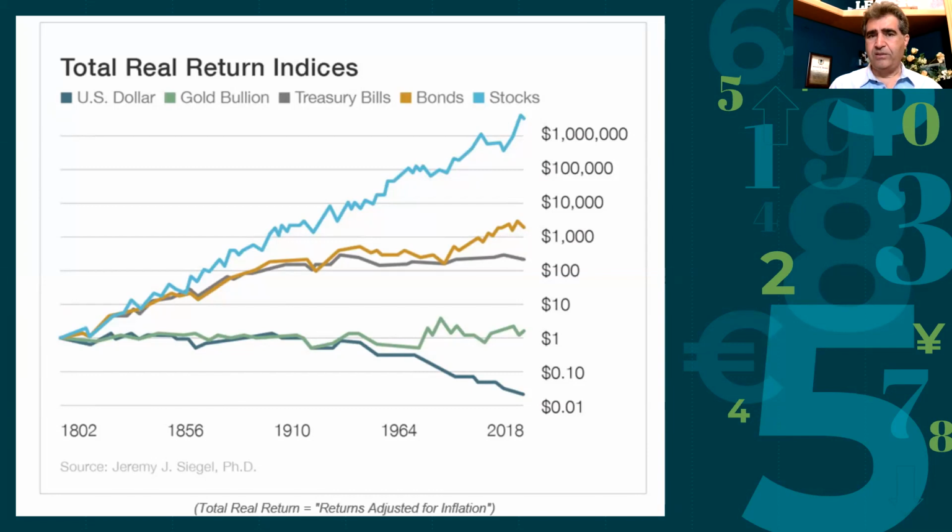So the dollar not only doesn't appreciate, it actually depreciated 99%. On the other hand, gold is worth almost exactly the same. That's the reason that when we think about gold, its main job is as a store of value, and in an inflationary period, it holds its value.